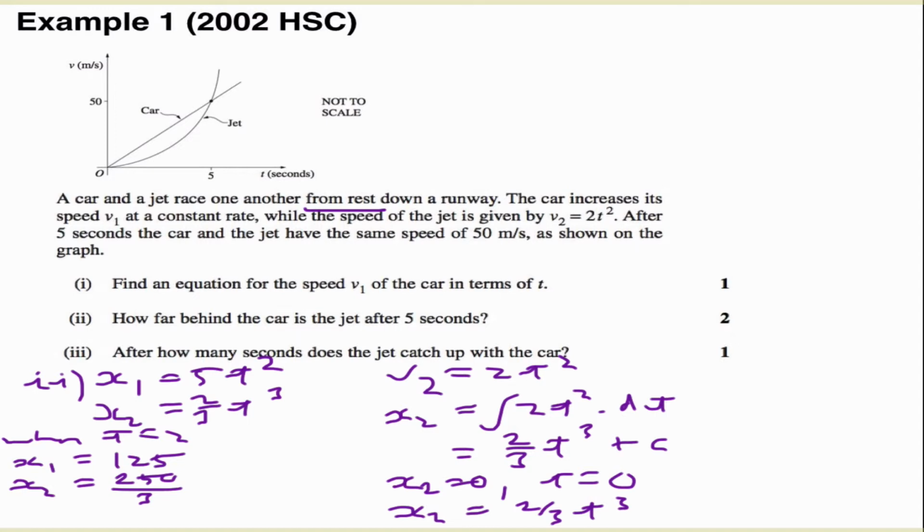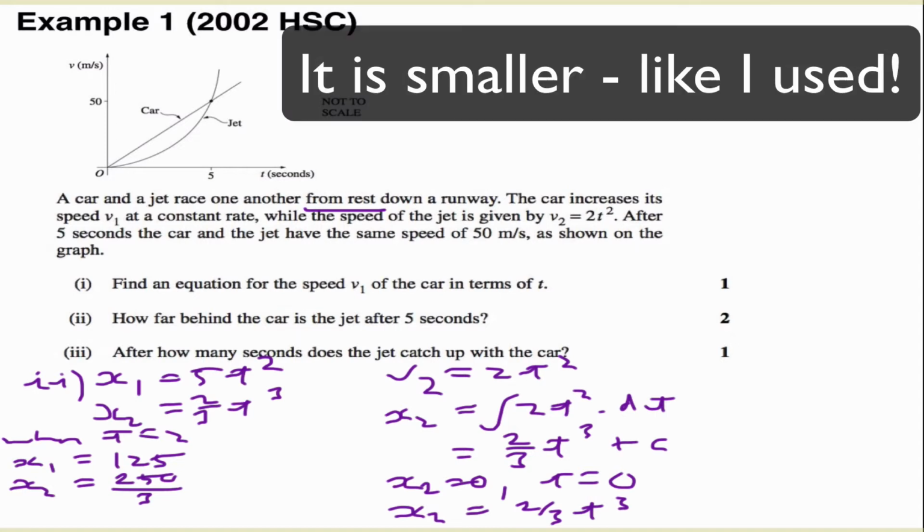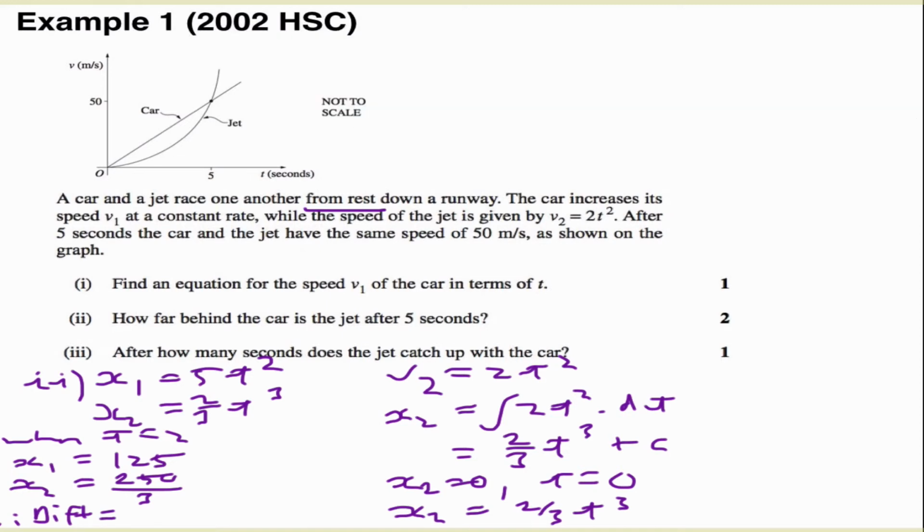So obviously the 250 on 3 is bigger, therefore the difference is 125 minus 250 on 3, which gives us a difference of 125 on 3 meters. That's part 2 done.